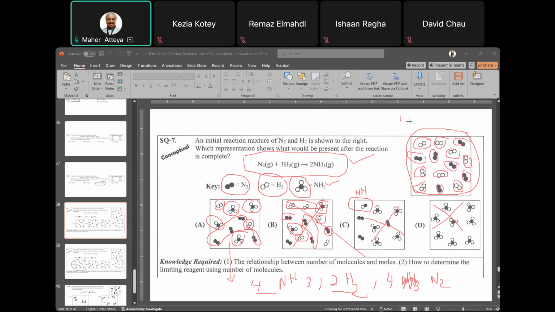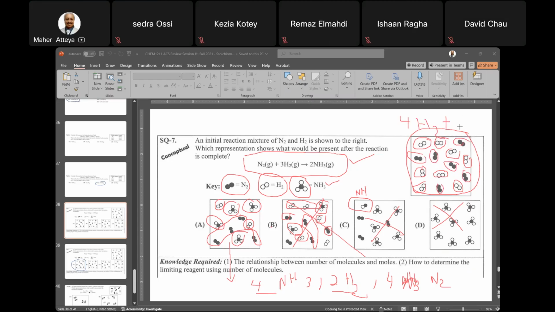So four hydrogens plus how many nitrogens do you have? 1, 2, 3, 4, 5, 6. This is not four: 1, 2, 3, 4, 5, 6, 7, 8.